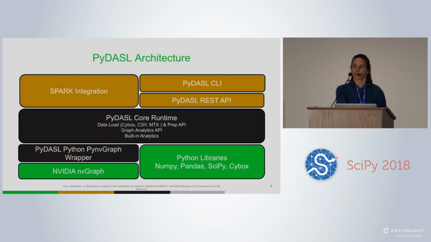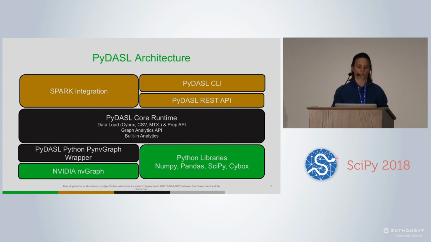Okay, so now I'll just give a quick overview of the PyDASL architecture. If you look on the left there on the bottom, we're built on top of NVIDIA NVGraph. So you do need an NVIDIA GPU chip in order to run PyDASL. And so there's both NVGraph and then the basic NVIDIA libraries.